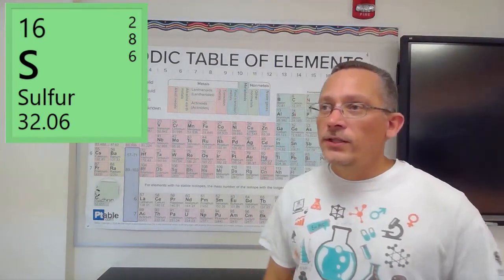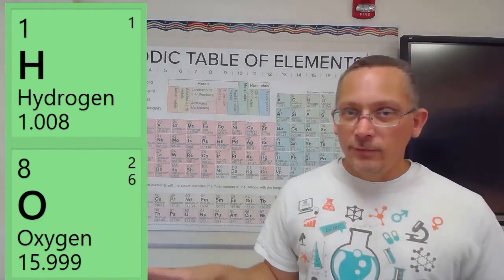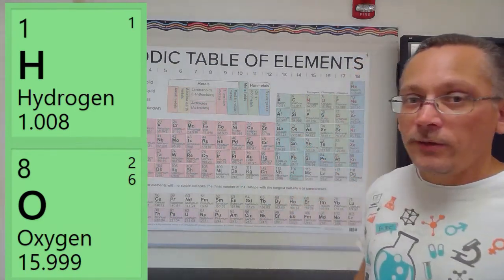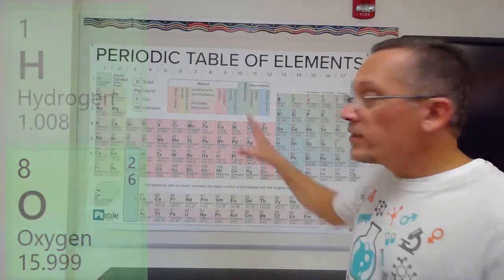If we're talking about the water that was in that beaker, which is made out of hydrogen and oxygen atoms, that's not an element. You won't find water up here because it's made out of more than one kind of atom, right? These are all the different kinds of atoms that we know about.